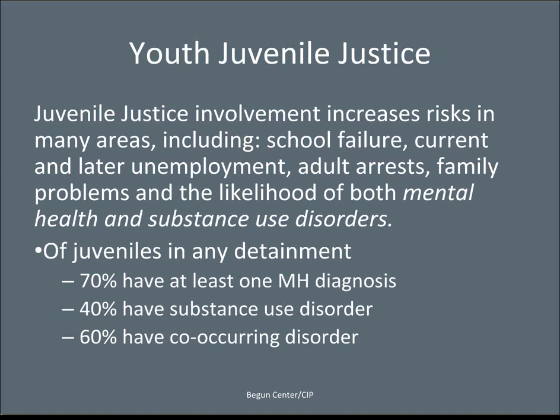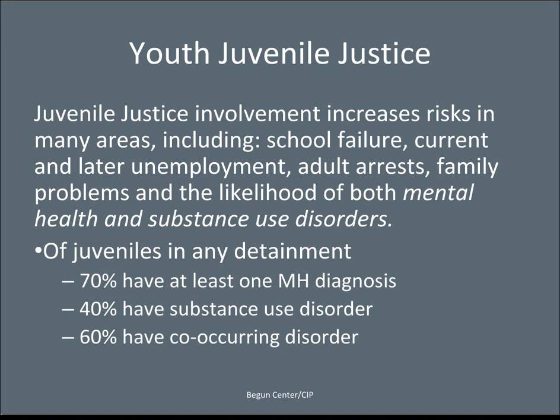So when we look at juveniles who are in any kind of detainment, that could be anywhere from, they were sitting in detention awaiting a charge, or they were sentenced to detention, or they were sentenced to Division of Youth Services, which would be akin to kind of youth prison. So at any level, once they're in detainment, 70% of those kids have at least one mental health diagnosis. 40% have a substance use disorder.